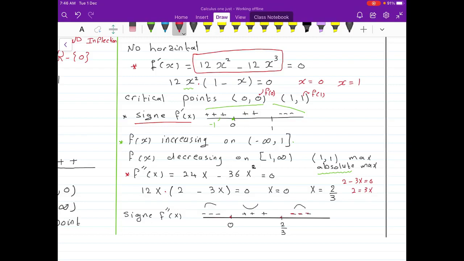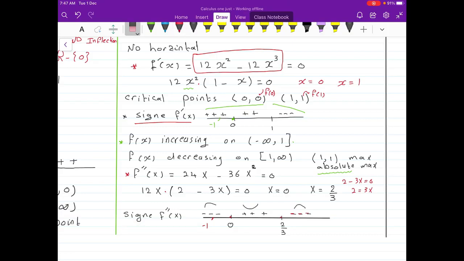If you choose a number between 0 and 2/3, substitute, the sign will be positive. If you choose a number like minus 1, we substitute: 12 times minus 1 the sign is negative, minus 3 times minus 1 is positive, so we get the sign negative.